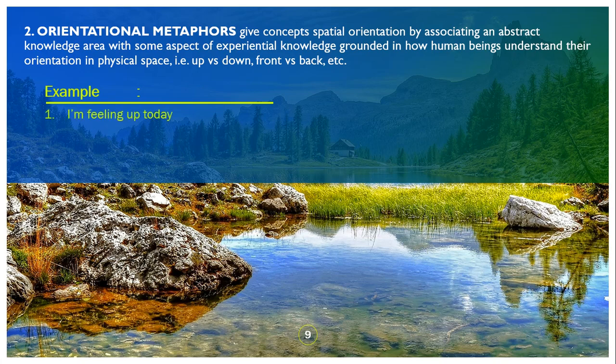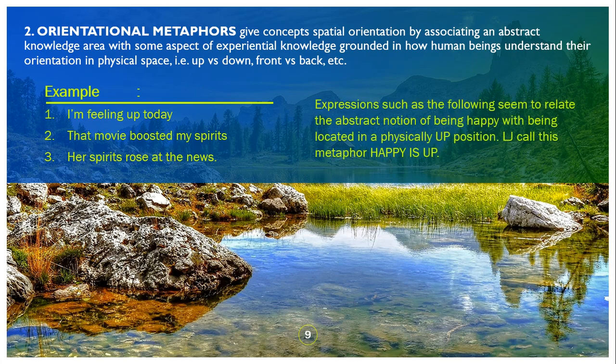Number 1, I'm feeling up today. Number 2, that movie boosted my spirits. Number 3, her spirits rose at the news. Expressions such as these seem to relate the abstract notion of being happy with being located in a physical up position. LJ called this metaphor happy is up.